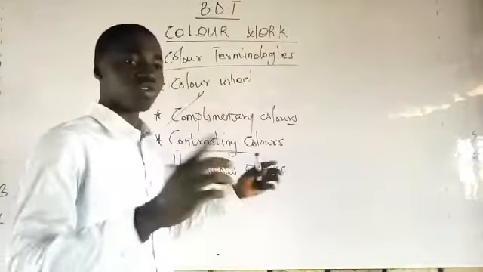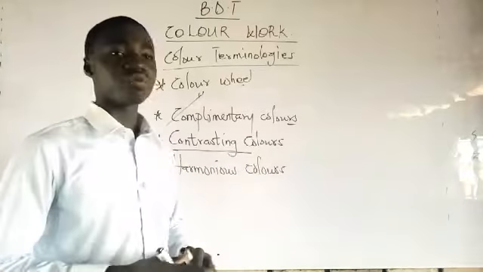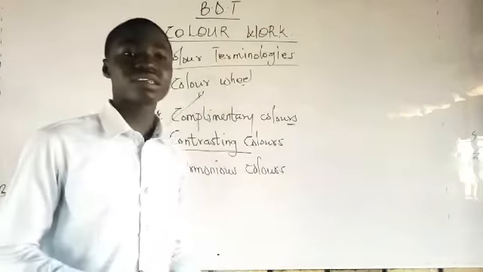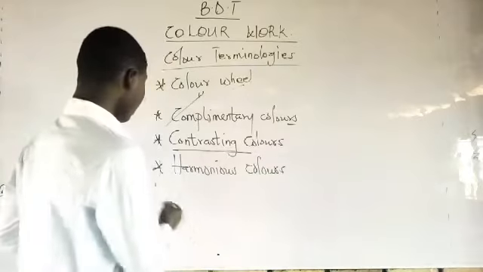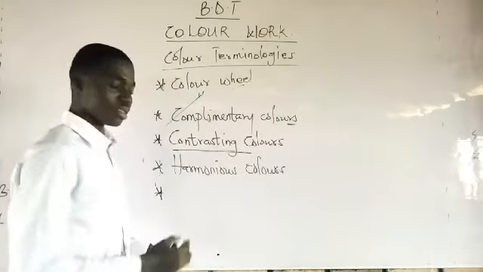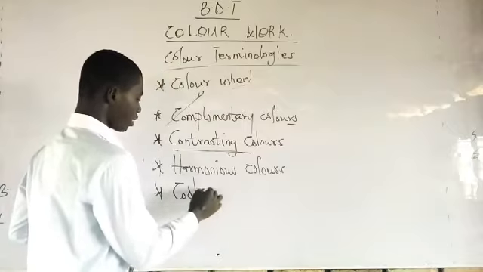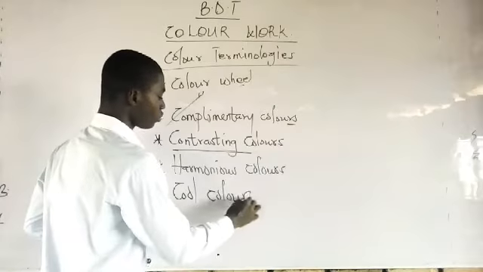After we draw the 12-point color wheel, we then use it to explain all the terminologies in color work. Now the next term that we are going to look at is the cool colors.